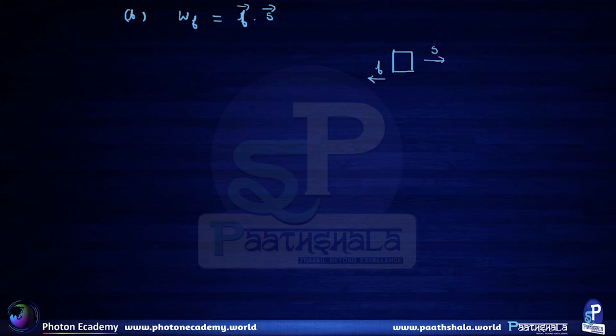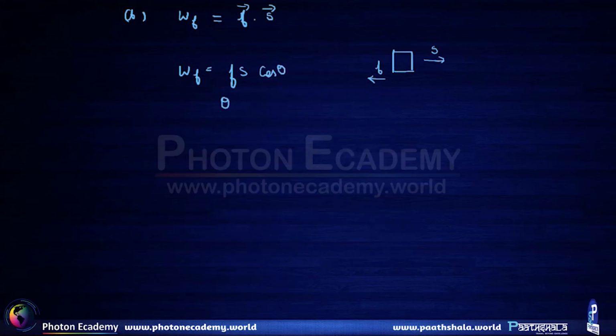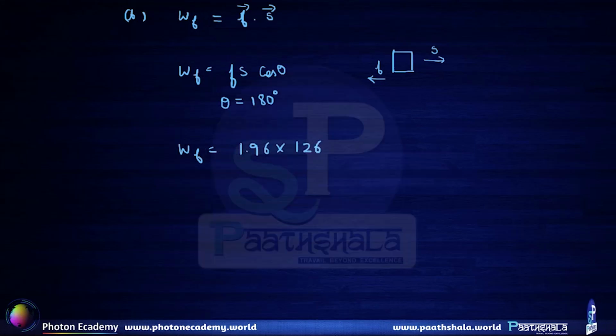Therefore, Wf will be equal to Fs cos theta. Here theta will be 180. Therefore, Wf will be the frictional force we calculated, 1.96, and displacement was 126, and cos 180, which is minus 1. Therefore, the work done by friction will be minus 246.96 joules.